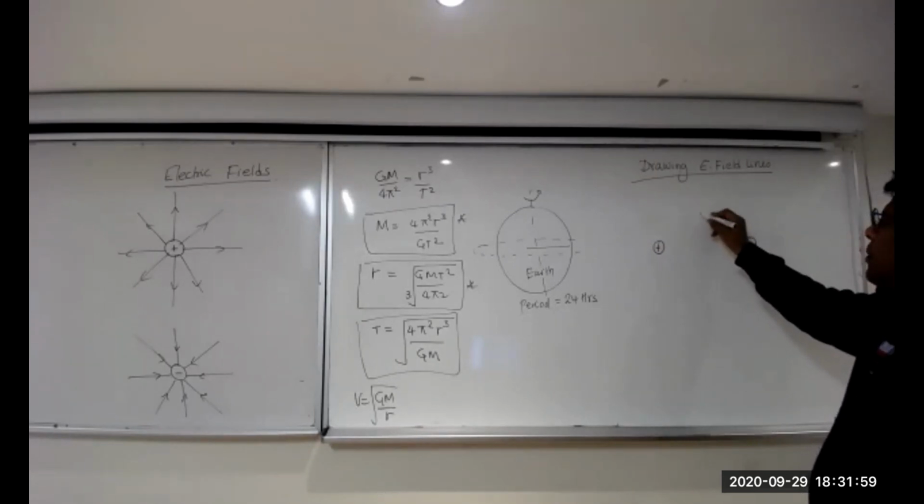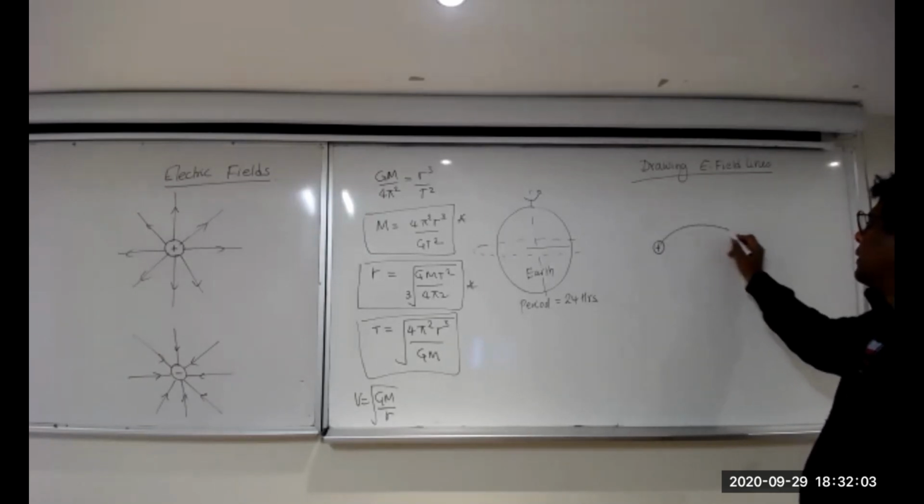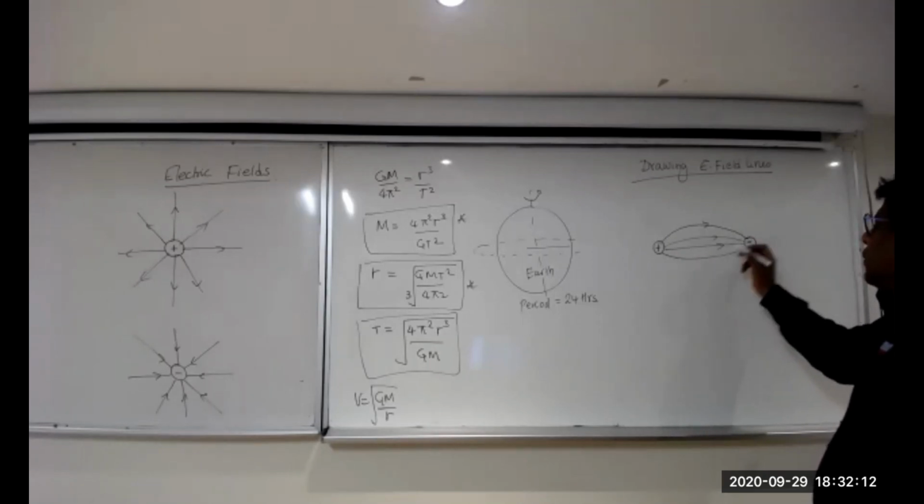Always we're treating some imaginary positive charge there in the space. The field lines are going like that. The closer field lines indicate the field is stronger there.